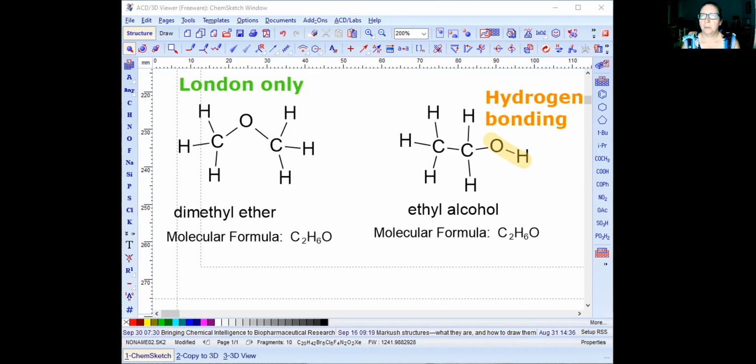And the question is asking, first identify which intermolecular forces are present in each molecule. Remember that intermolecular forces are additive, so everything has London, but the hydrogen bonding is a special case of dipole-dipole. The lab manual calls it permanent dipole-dipole.